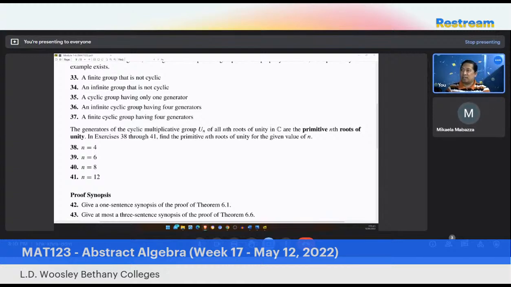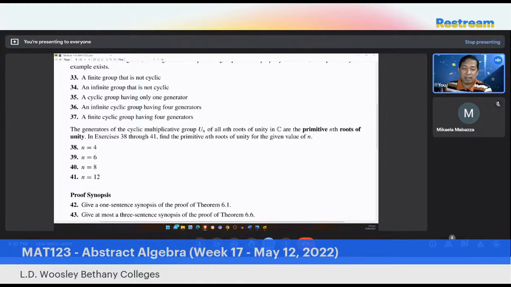Ano yung dalawang conjugate? What's the two other conjugates? Negative I and I. Yan yung dalawa. So, excluding the real part, yung dalawa, I and negative I, at n is equal to 4. Kasi nth, fourth root. Kaya yung primitive nth roots of unity.